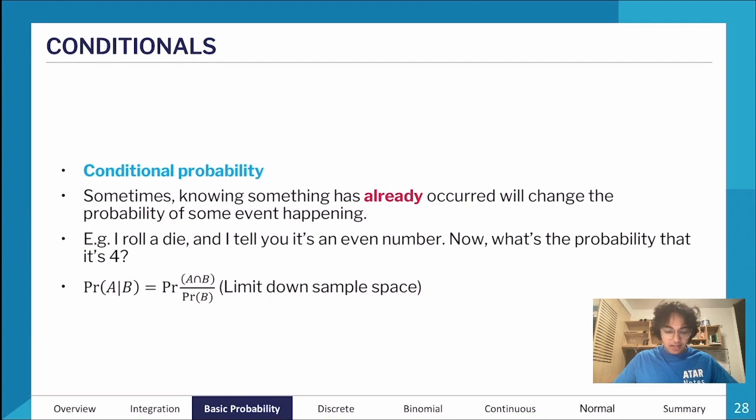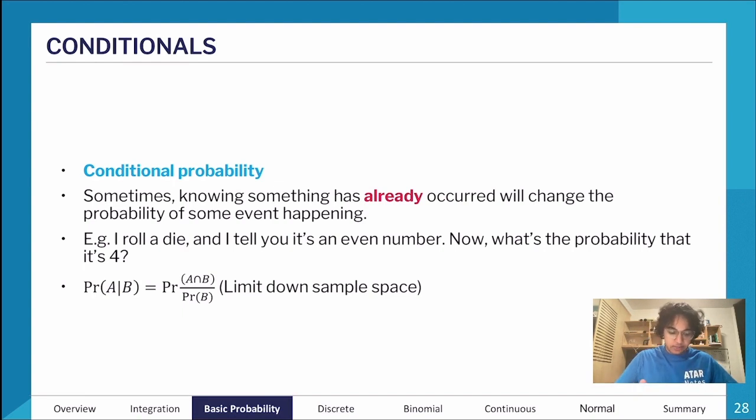But let's say, the probability that it rains given that it rained yesterday. So I'm giving you an extra piece of information to deal with. And that generally works in a sense that the event that occurred previously changes the probability of a new event occurring.